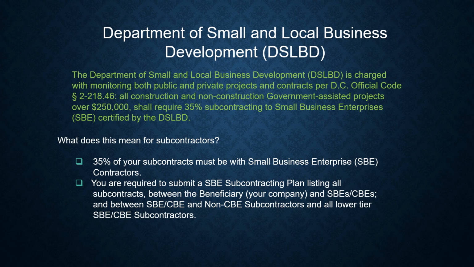All construction and non-construction projects that have more than $250,000 of government assistance are required to meet a 35% subcontracting goal to small business enterprises, SBEs, which are business certifications certified by the agency.